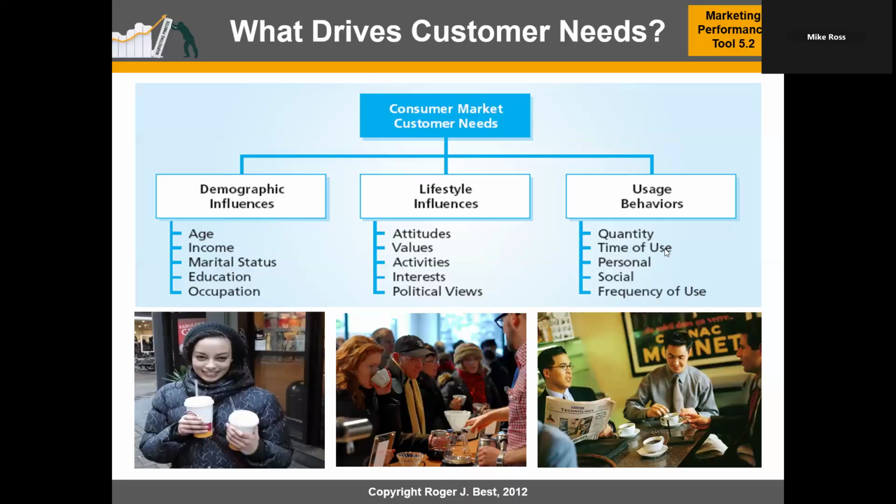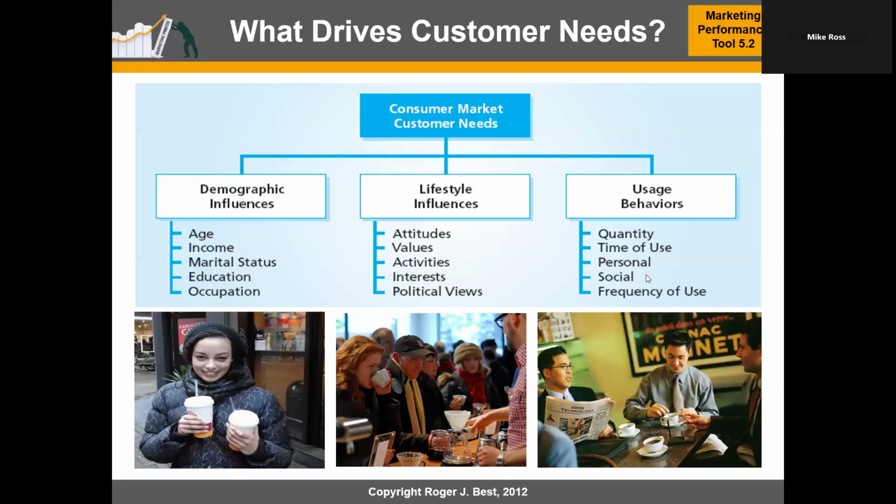For example, it's spring right now in Kentucky, and so I have been buying grass seed to fill in some of the areas in my front yard. I'm not going to be doing that so much in the fall and winter, but during the spring, I'm going to be buying some of those grass seeds. Personal usage, maybe again is a different preference. I'm thinking, for example, maybe an electric toothbrush versus not.